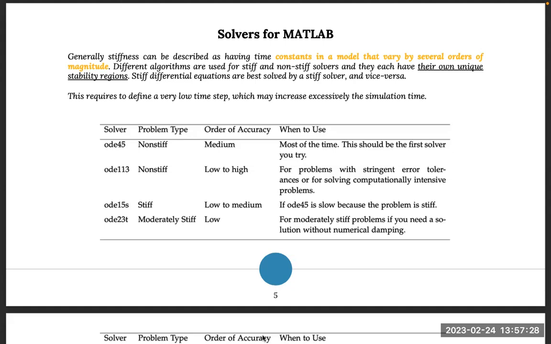That would be the general case. Of course, given a system, given some equation, we cannot know how this thing is going to behave. So it depends on your expertise on the system you're dealing with to tell you if your system is stiff or non-stiff. I'm going to give you a couple of examples related to the power system, but in general, there's no rule of thumb where you can classify the systems.